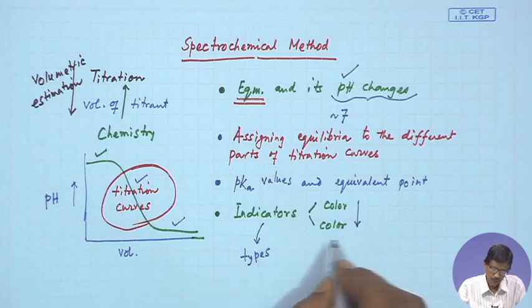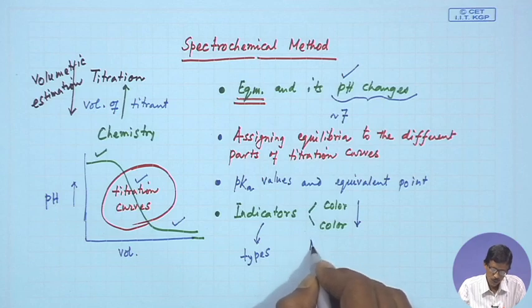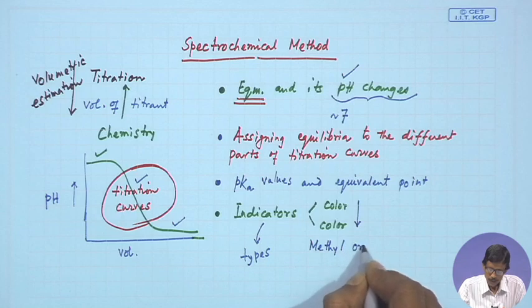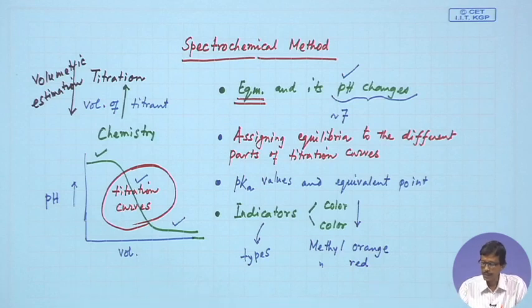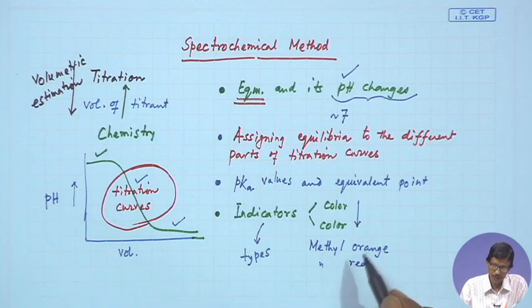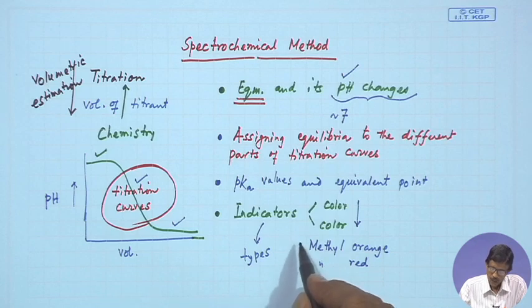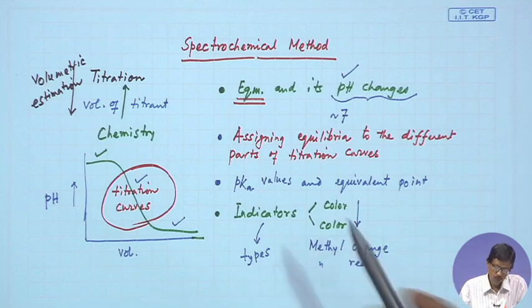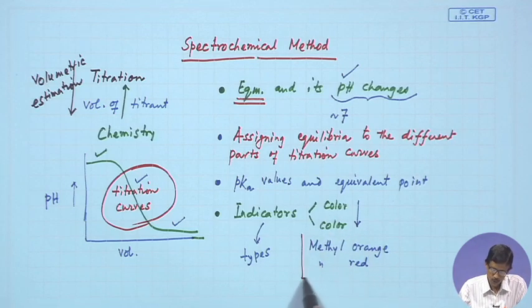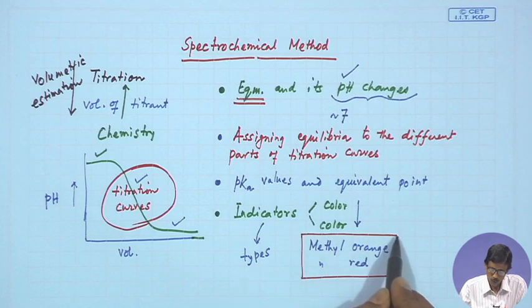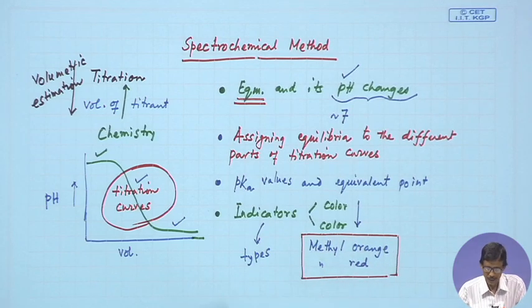So, for simple acid base titrations, how can we correlate this? We know some names only, say methyl orange, methyl red. These are some names of indicators for a typical acid base reaction. How and where can we use these indicators? Where can we use MR or MO for the titration reaction?